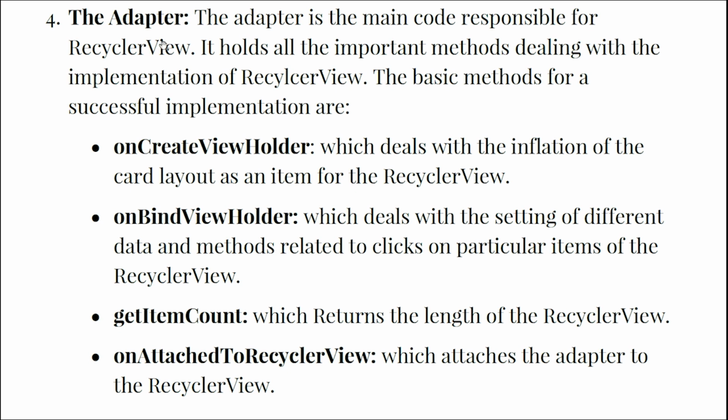This is the main thing we need to take into consideration in RecyclerView. It's very important. We will deal with four methods: onCreateViewHolder, onBindViewHolder, getItemCount, and onAttachedToRecyclerView. Everything will be clarified in the RecyclerView app.